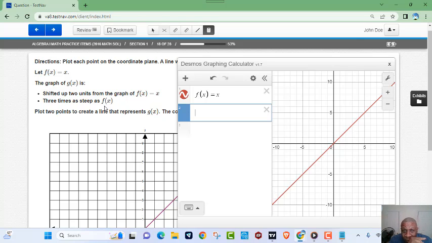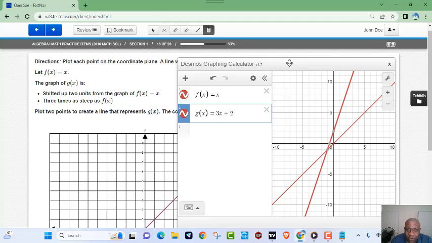This time they wanted 3 times as steep. So what we will do is we'll take g of x equals 3x for 3 times as steep, and then shift it up 2 units, plus 2. So 3x plus 2 is the equation for that.